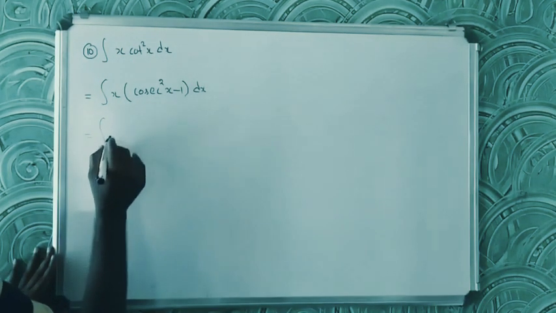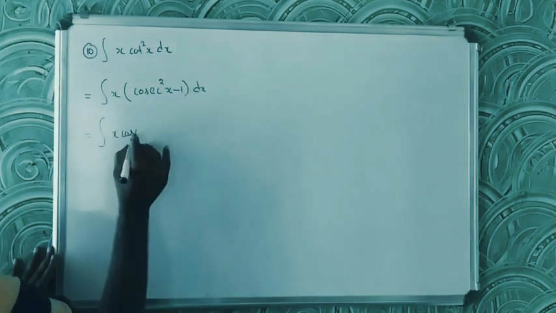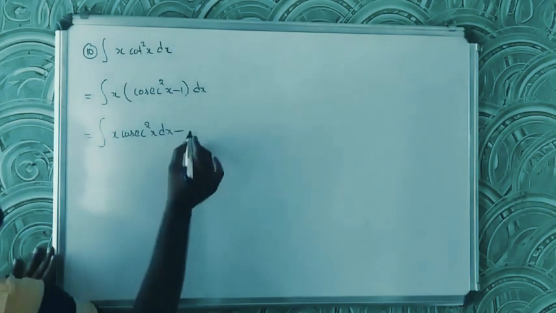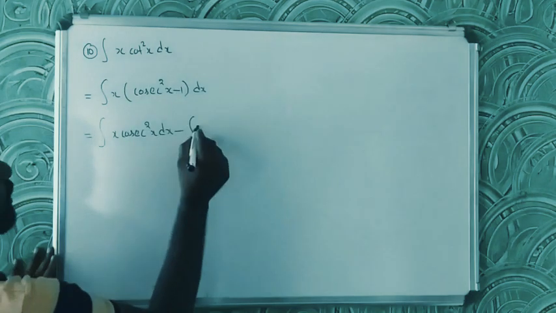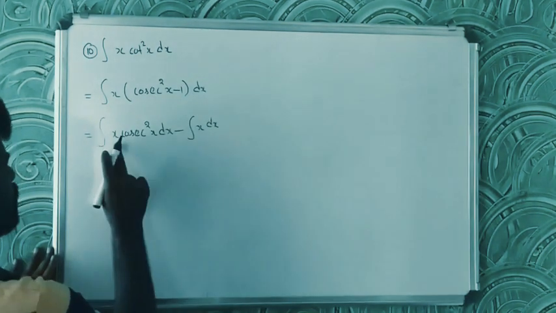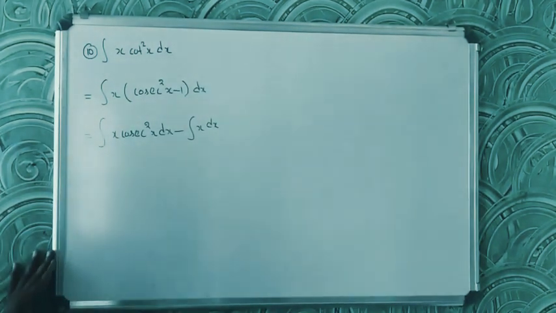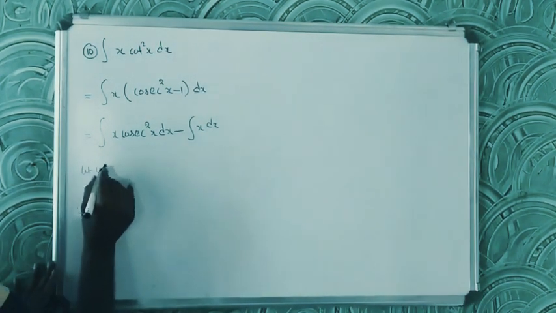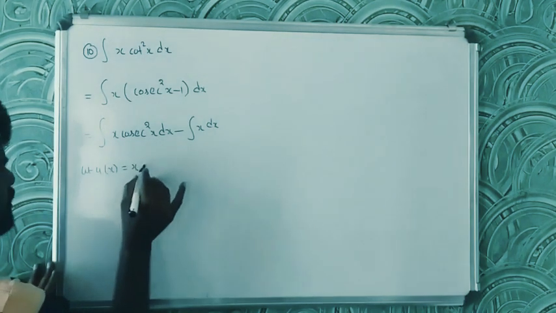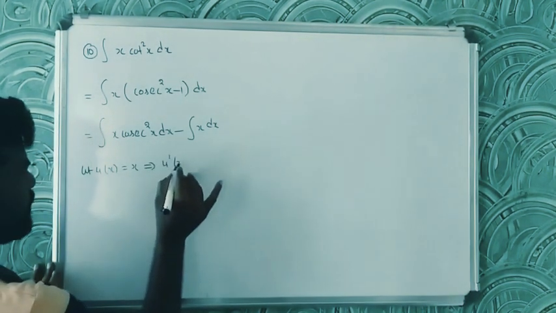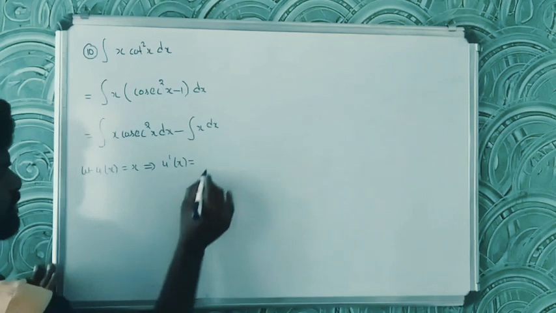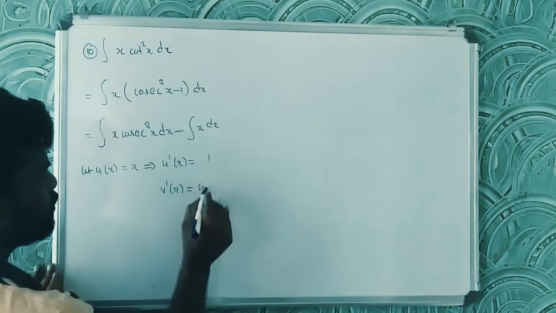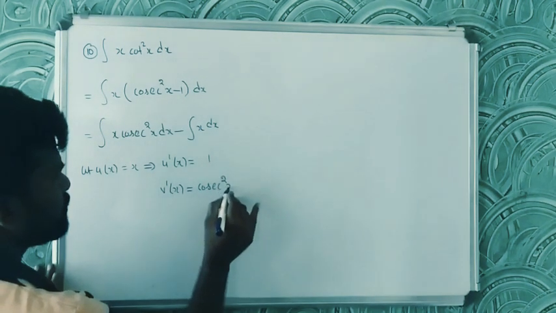So integration of x into cosecant square x dx minus integration of x into 1 dx. For the function x cosecant square x dx we must use integration by parts. Let u of x is equal to x. This implies u dash of x is equal to the differentiation of x, which is 1. v dash of x is equal to cosecant square x.